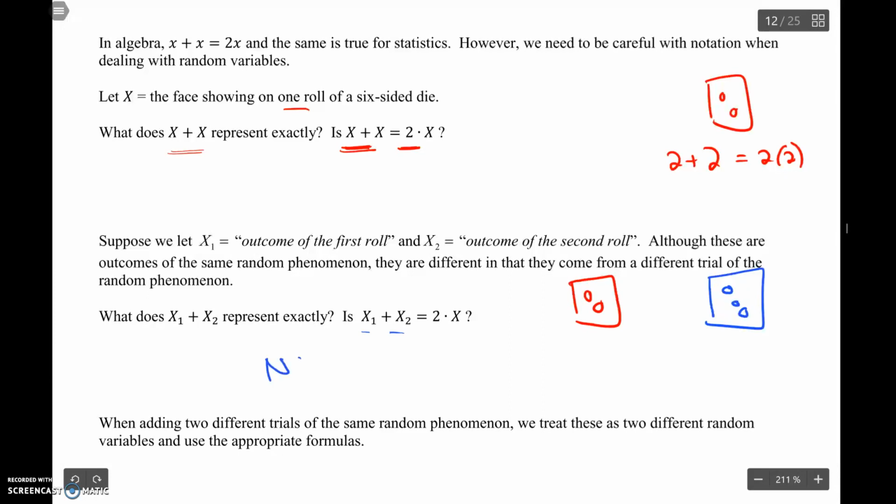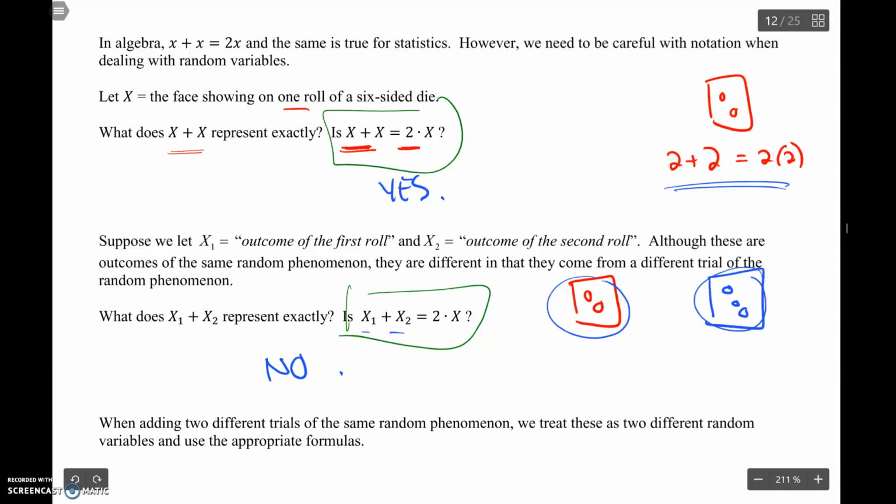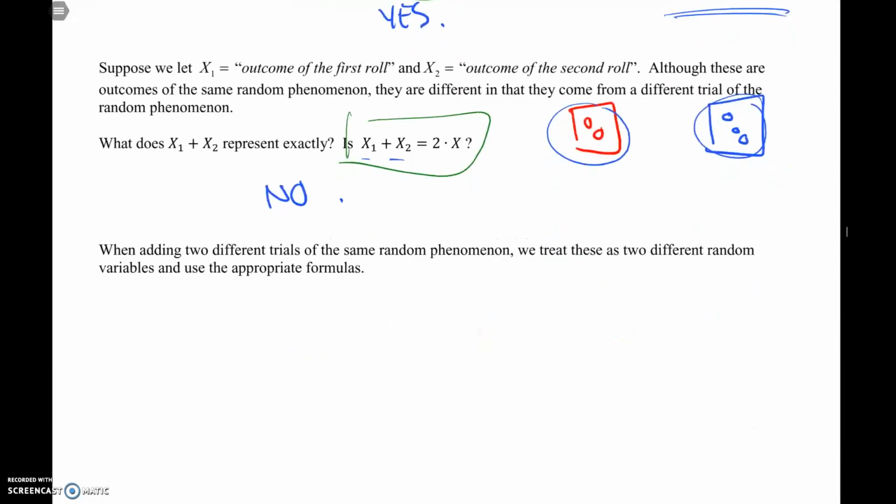Of course, the answer is no. Why? Because you're rolling 2 different dice and you're not going to get the same outcome. So you're not just going to double the one outcome. You're going to get 2 different outcomes and add them together. You've got to be careful because these are handled in different ways in statistics whenever we ask you to calculate. Actually, the expected value is going to be the same. What changes is how you handle the standard deviation and variance.